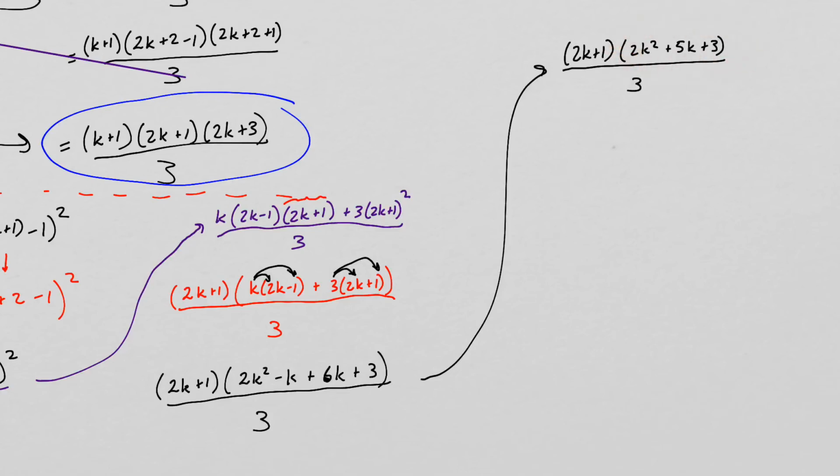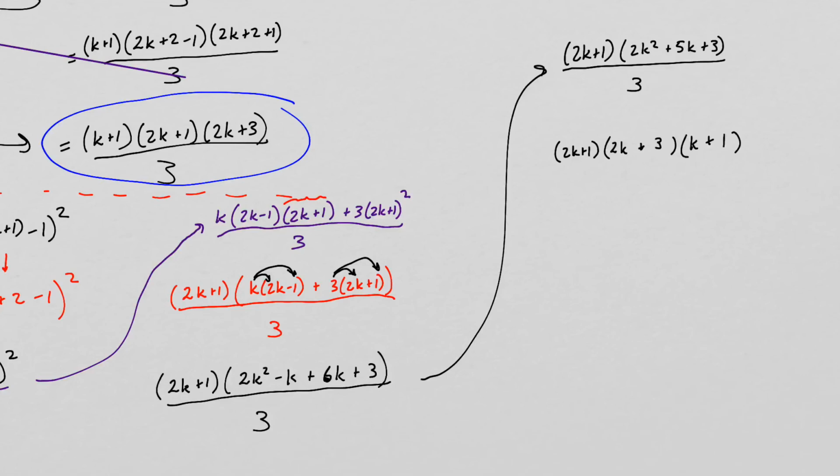Now, I recognize the leading term isn't 1, the leading term is 2, so that adds an extra wrinkle, but you can do it. So here we go. We are going to do 2k plus 1 multiplied by, and we've got to factor this thing. One of the leading terms needs to be 2k, and one needs to be k. And we've got something with a 1 and a 3, and I think we can do a plus 3 and a plus 1.